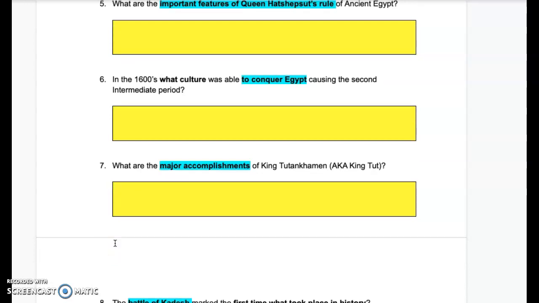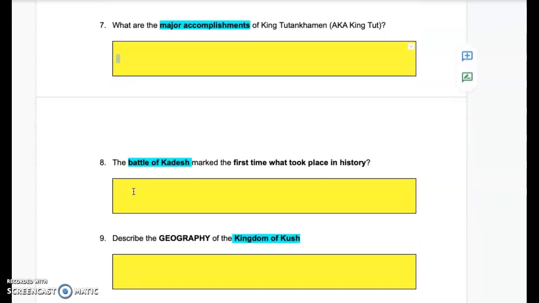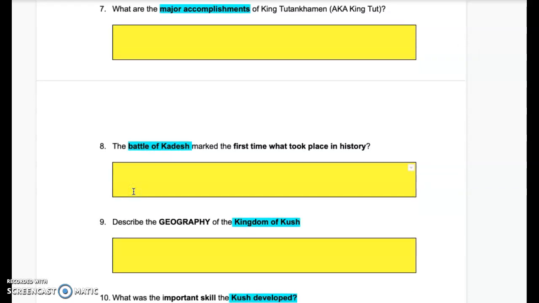What are the major accomplishments of King Tutankhamun, aka King Tut? And type your answer in the yellow text box. Number 8. The Battle of Kadesh marked the first time what took place in history? And type your answer in the yellow text box here.